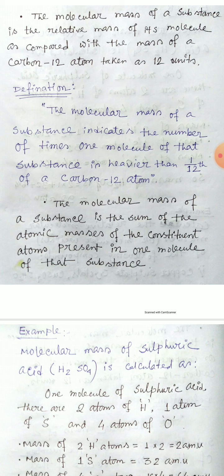We know that molecules are composed of atoms, so molecular mass can be calculated by doing the sum of the mass of constituent atoms present in one molecule of the substance. So the molecular mass of a substance is the sum of the atomic masses of the constituent atoms present in one molecule of that substance.